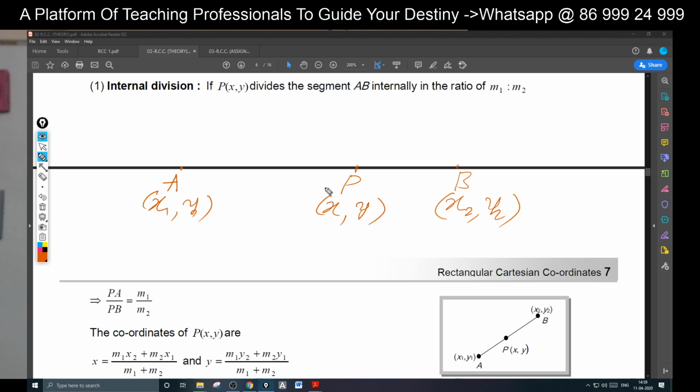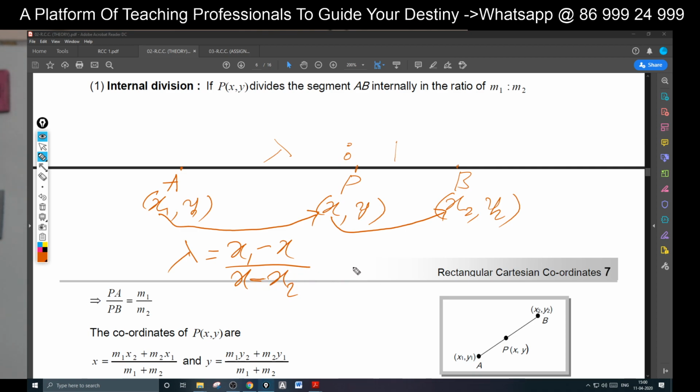If you want the ratio in which P divides AB, the lambda is straight away got like this. You have to proceed with subtraction like this: x1 minus x, again x minus x2. Simple. x1 minus x divided by x minus x2 gives you the ratio. This is a short form, please.